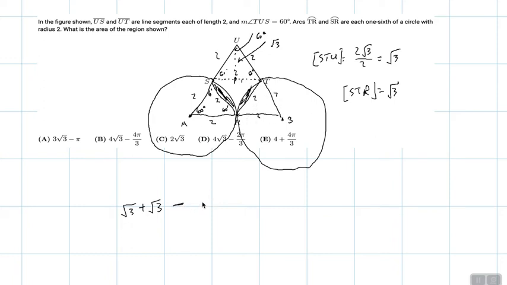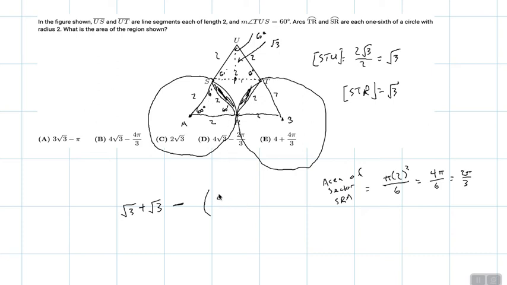So we're going to subtract the area of the whole sector, area of sector SRA, which is equal to the area of the circle, pi r squared, so pi times 2 squared, and we need to divide it by 6 because it's 1/6 of the circle. So here we have 4 pi over 6, which is 2 pi over 3. So that sector has an area of 2 pi over 3.